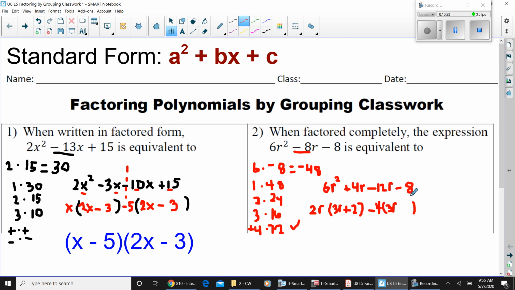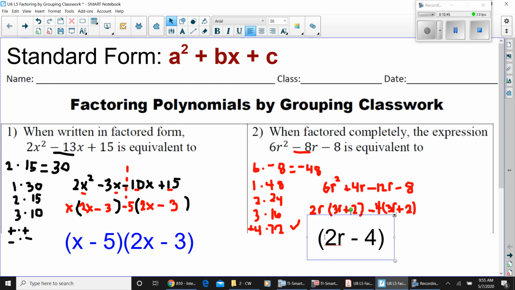Negative 4 times what equals negative 8? And that is that. So you go ahead and you take the two terms that are outside the parentheses and make it a binomial.